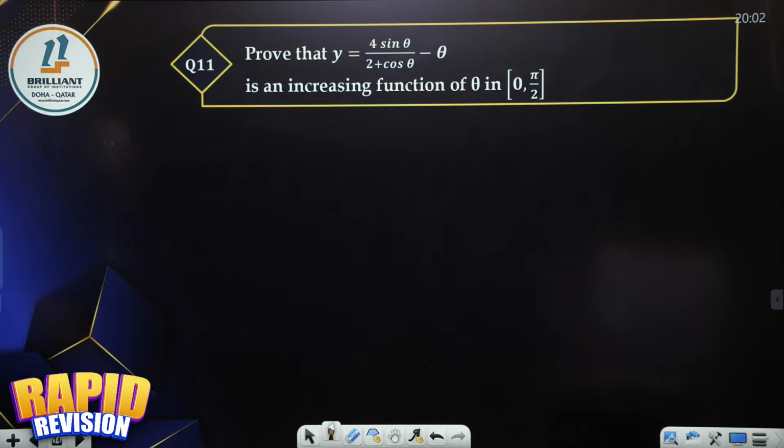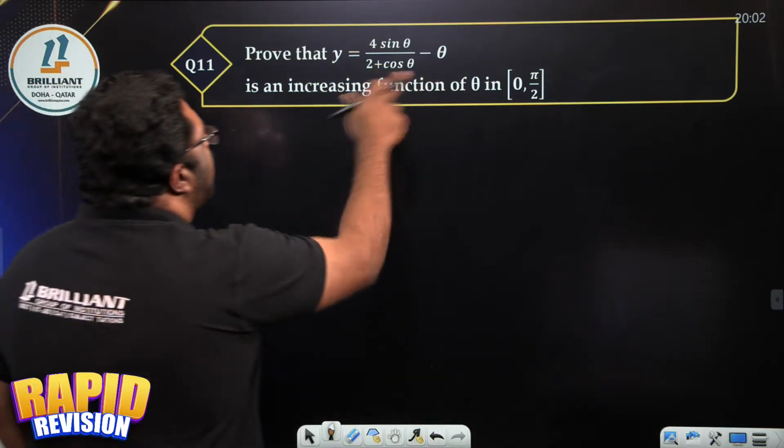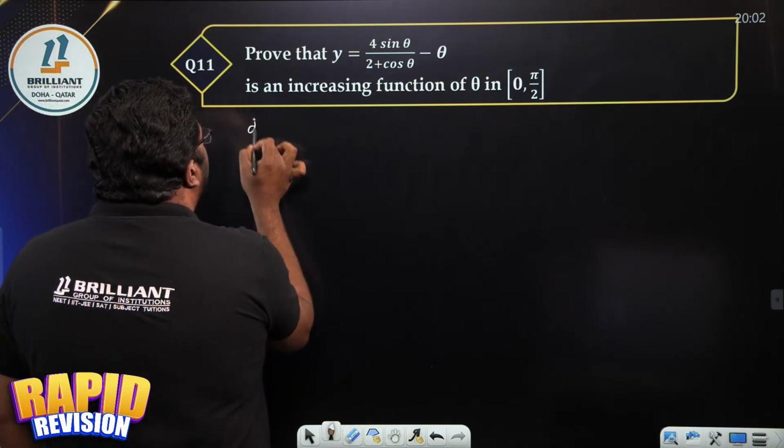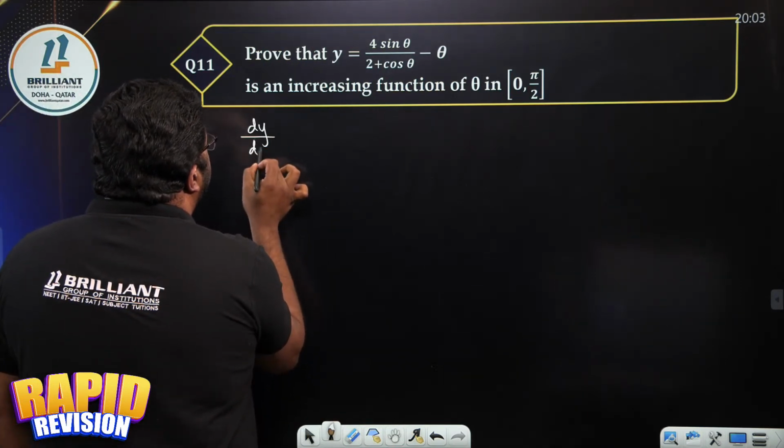Next question, please. Prove that this is also an increasing function. Same way. Take the derivative with respect to theta.